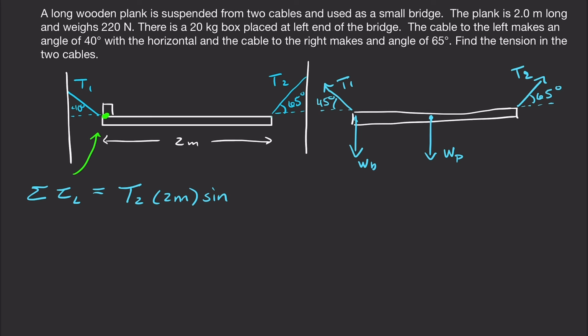If I draw my vector r, pointing from the axis of rotation to where T2 is being applied, it's going to be to the right. So this is R2, and then T2 is this direction. So that means phi will just be this angle, which is what we're given, so it's just 65 degrees. So this will be sine of 65 degrees.